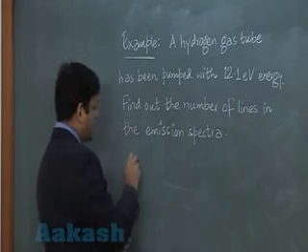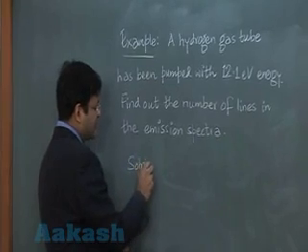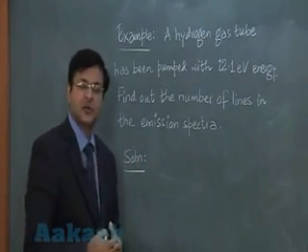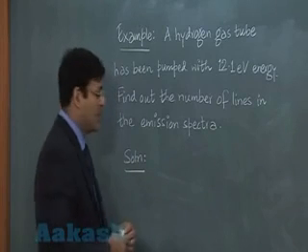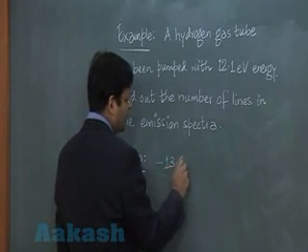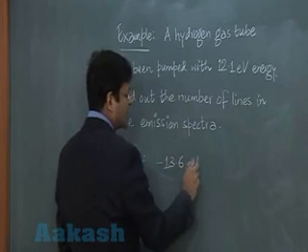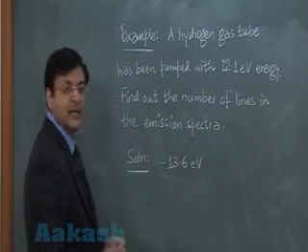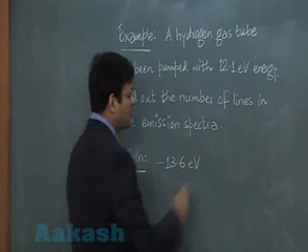Now you see, in this kind of question, the first thing you have to do is try to see what is the minimum energy of the electrons existing in the hydrogen atom. And that is minus 13.6 electron volt. In the ground state, the energy of the electron is minus 13.6 electron volt. And you are pumping an energy of 12.1 electron volt into this.